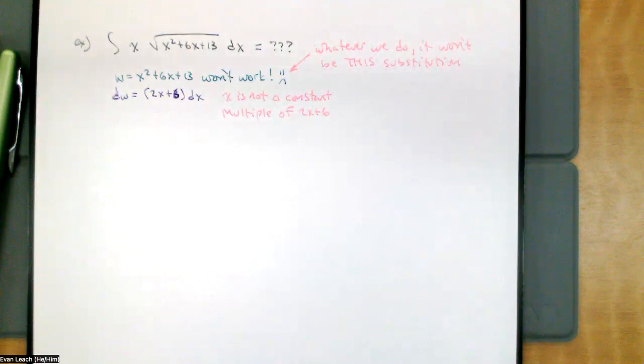To make that substitution work, I need a constant multiple of 2x plus 6 to be the dw, and we don't have that. I can't be subtracting stuff. I only get to multiply, and this is not good enough.